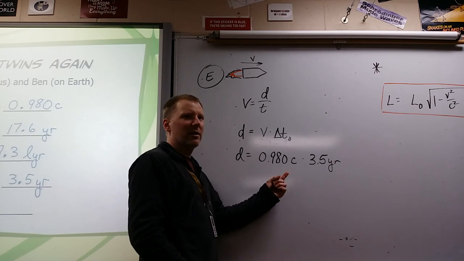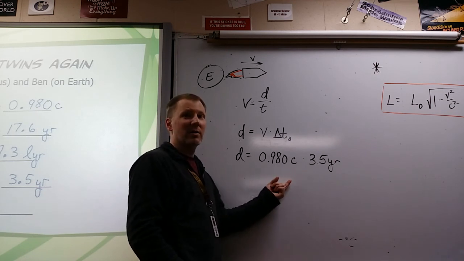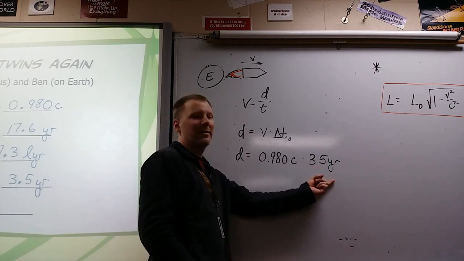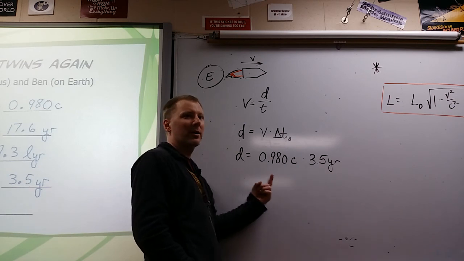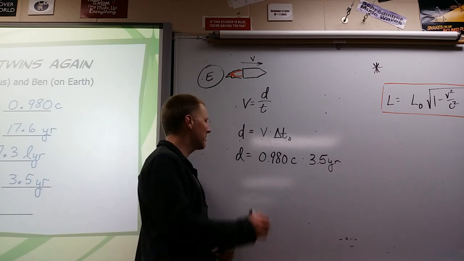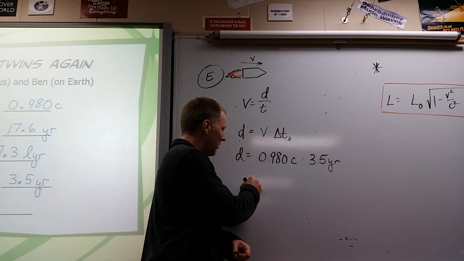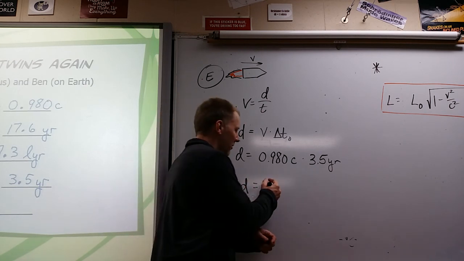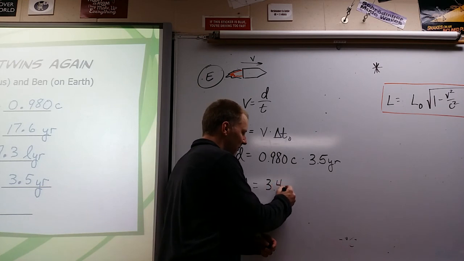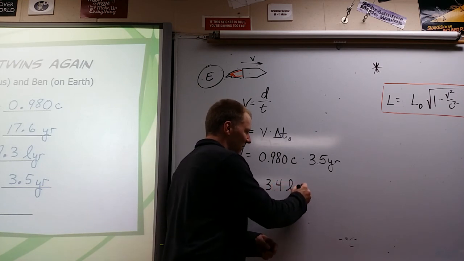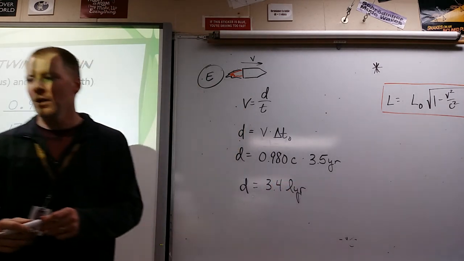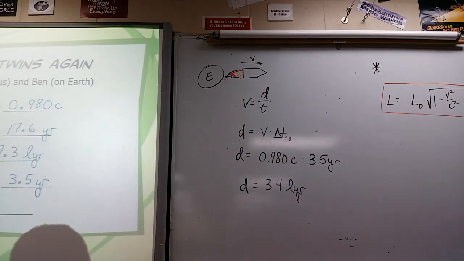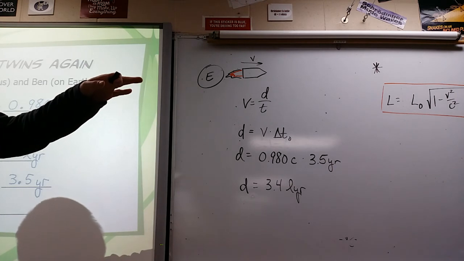This will convert into units of light years when we measure it, because we've got the light part and the year part. So we don't have to put in meters per second and then convert it in any way. 3.4, okay. Light years.